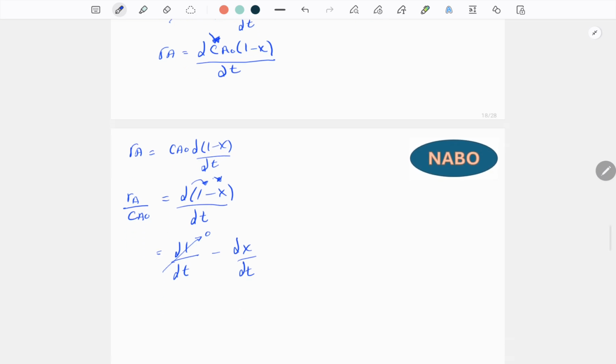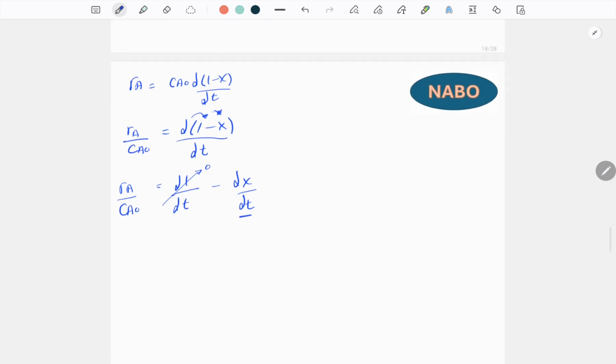Therefore, this term will cancel and we'll be left only with this term, which is negative dx over dt. The left side will still stay the same, RA over CA naught. Okay, now our equation will look like this. Rate of reaction over the initial concentration equals negative dx over dt.